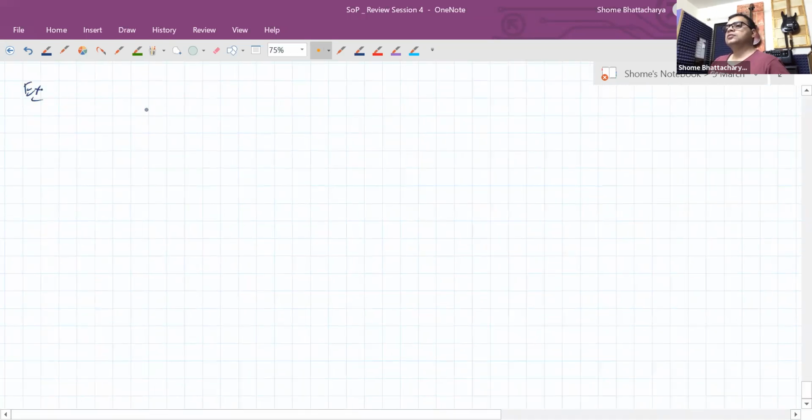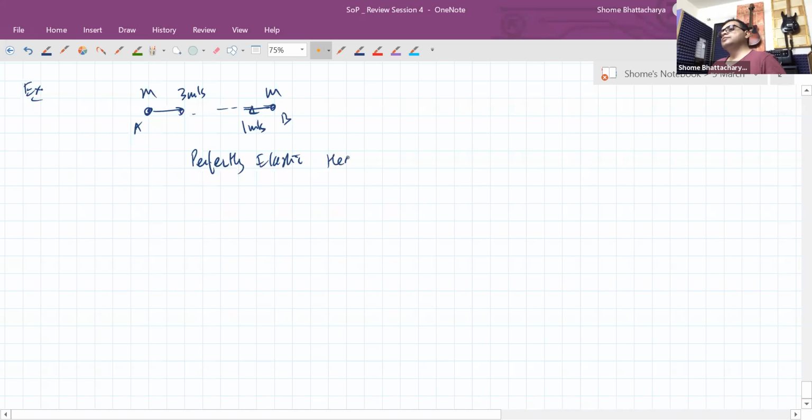Or for example, we have a situation where particles of identical mass are approaching each other from opposite directions, like this, and it's a perfectly elastic head-on collision. Then we know that after impact, A will recoil back with 1 meter per second, and B will again reverse its direction.